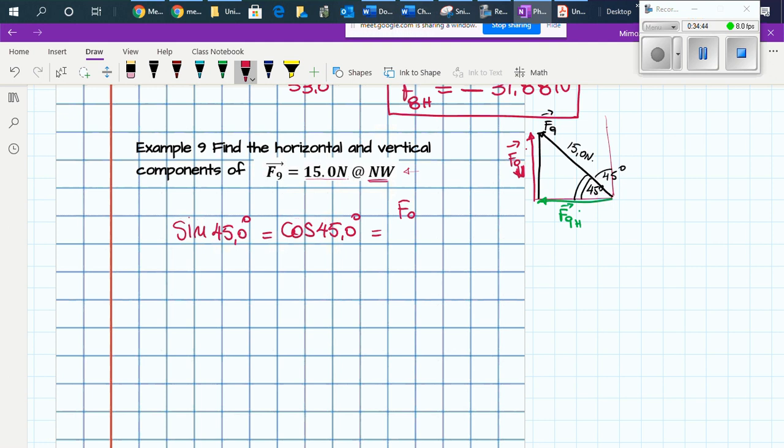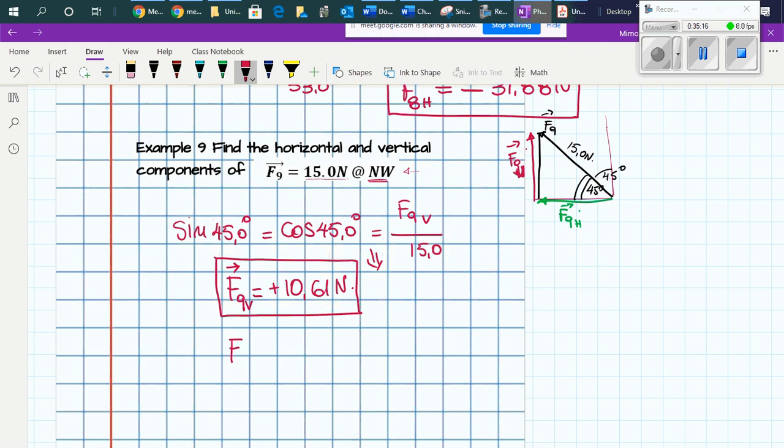Let's say that we are finding the vertical component over 15. Then the magnitude of the vertical component will be 15 times cosine 45, or sine 45 is the same, 10.61 newtons. Since it is going in the north axis, it is positive, so as a vector, this is what we will have.